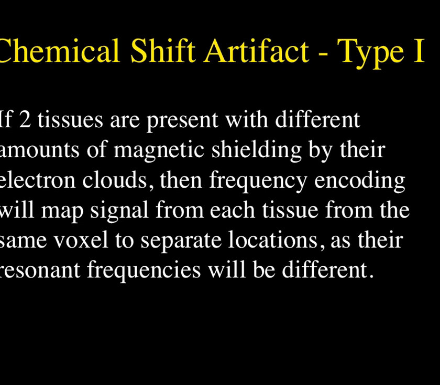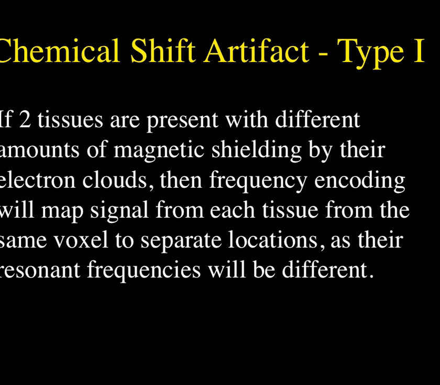So what's type 1 chemical shift artifact? Chemical shift artifact is where you have two different tissues in close proximity to each other that have very different magnetic shielding, electron clouds. Yeah.